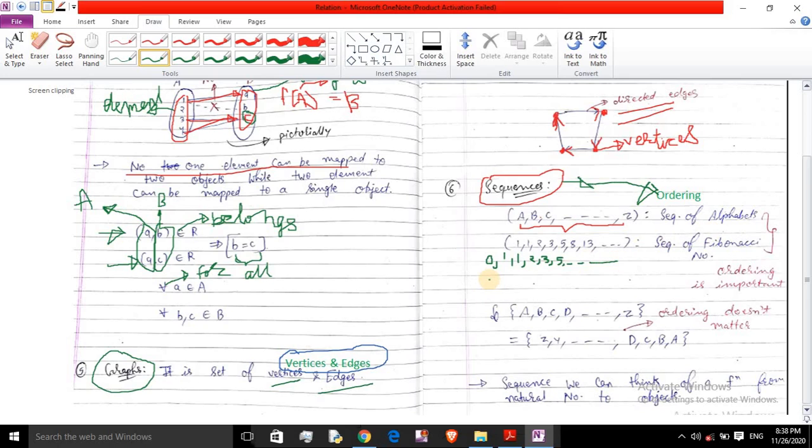If we say this is 0, 1, 1, 2, and so on, and if I put 5 before 3, then this is not a sequence of Fibonacci numbers, because in Fibonacci numbers the current number is the sum of its previous two terms.